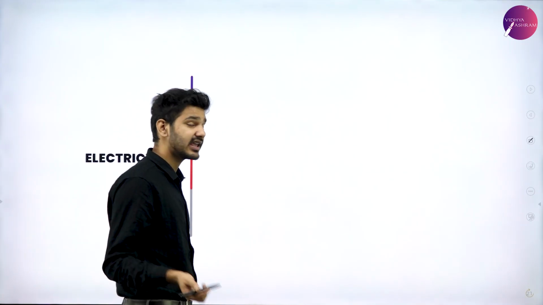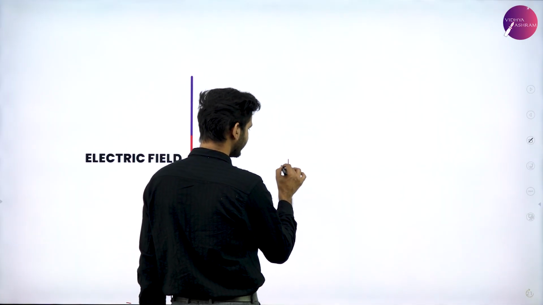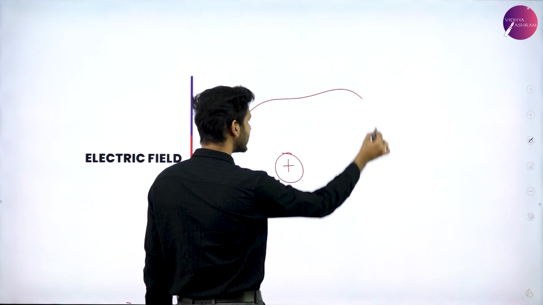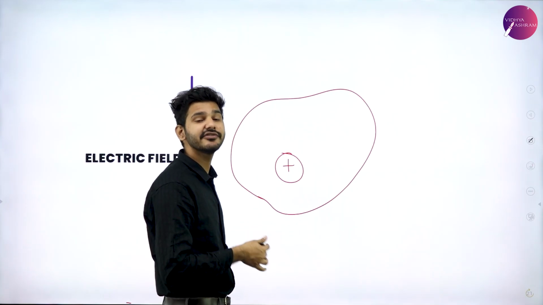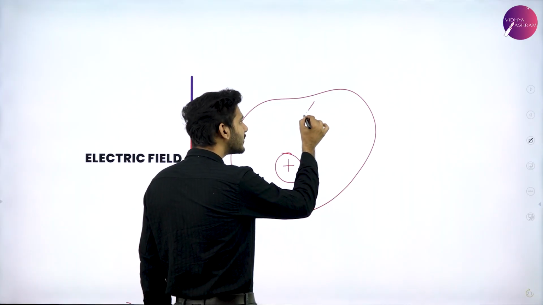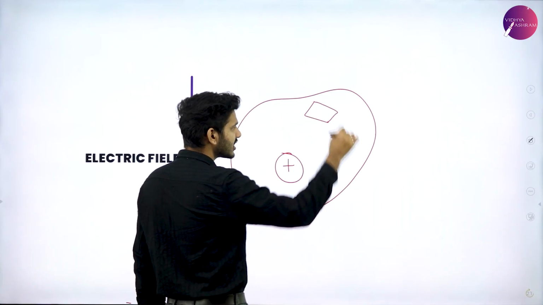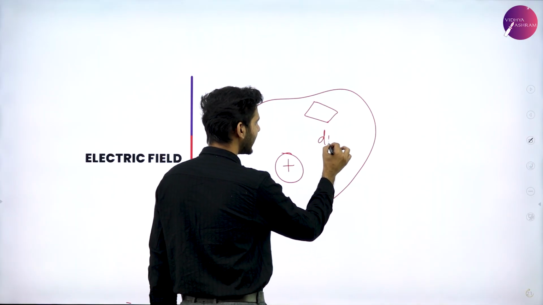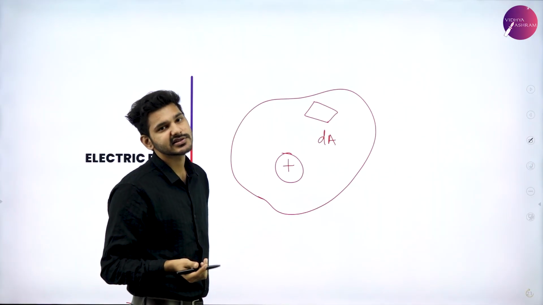Imagine that again you have a charged particle, and you've taken a region, and imagine there are field lines coming out of this charged particle. So you have taken this small area here. On the surface, you have taken a small area which is dA. dA just means small area.